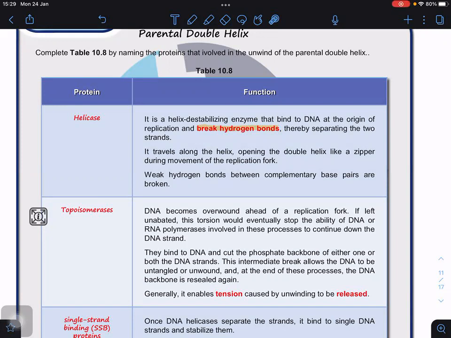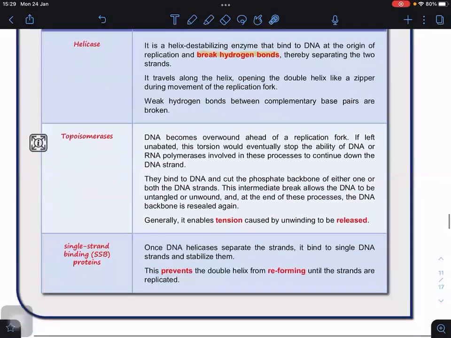Now another enzyme involved here is called topoisomerase. It is not in our syllabus, but it came out in Paper 1 before. Based on the answer, you will be able to answer the question. Are you clear? Don't worry about this, because when you try to unwind something, you pull the string. Imagine that two strings are already wound together and you want to unwind them by pulling like this.